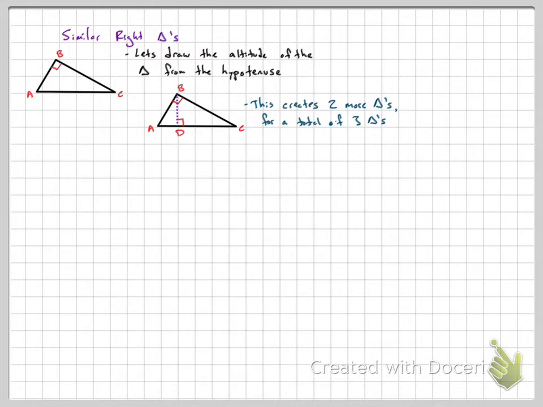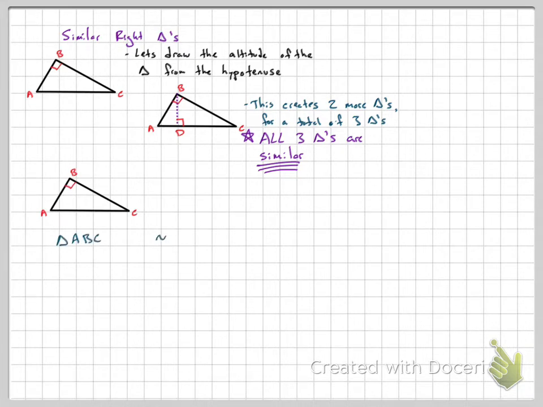That's important, because it means all 3 triangles are similar, so they are all proportional to each other. Eventually we're going to use geometric mean to find the altitude right here, but first it's important to be able to identify and create the similarity statements for these triangles. So let's go ahead and do that.